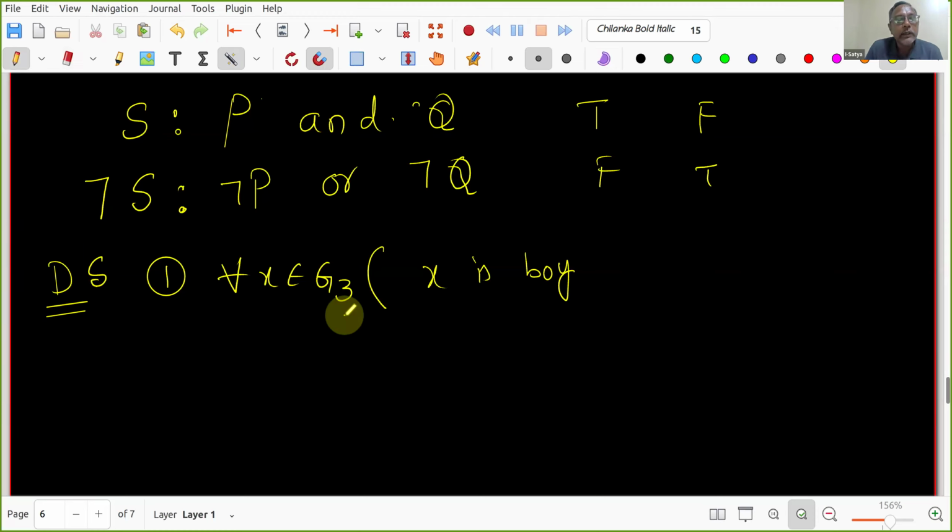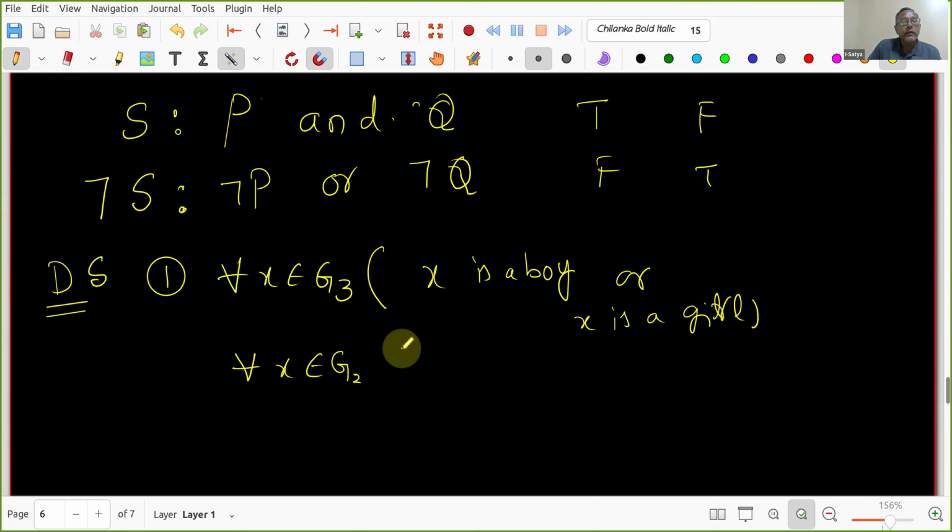Given any student in G3, X is a boy. Okay. Or X is a girl. Okay. Look at this. Now, corresponding to this, I am writing given any student from G3, X is a boy.